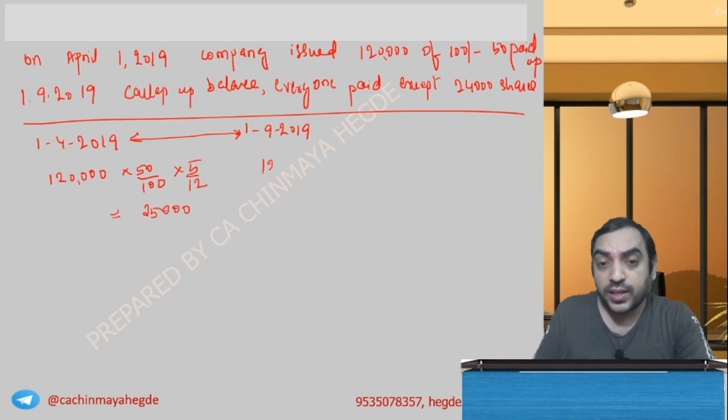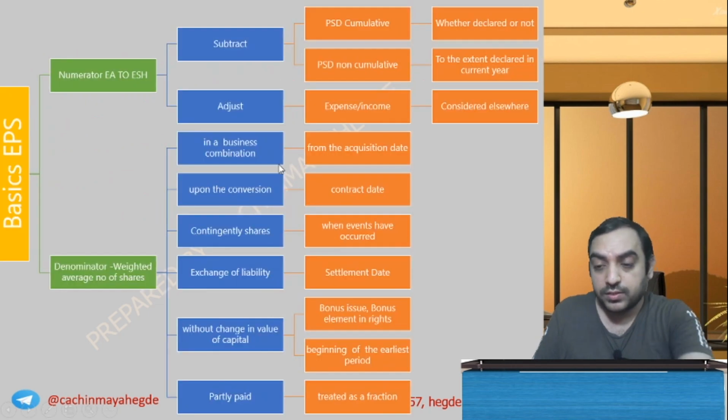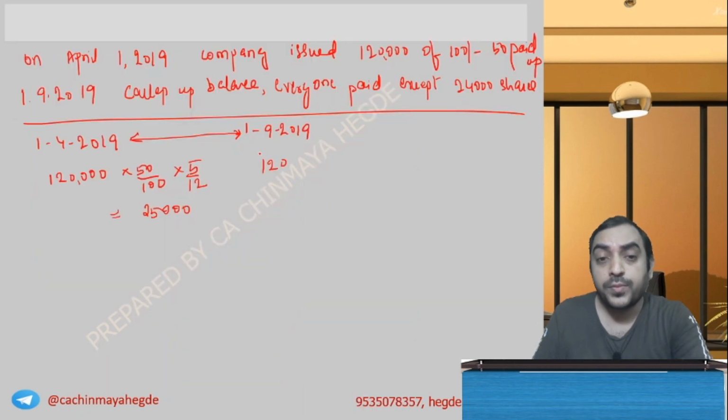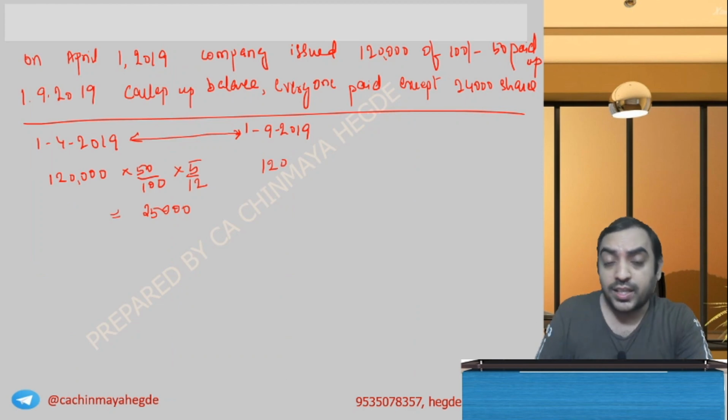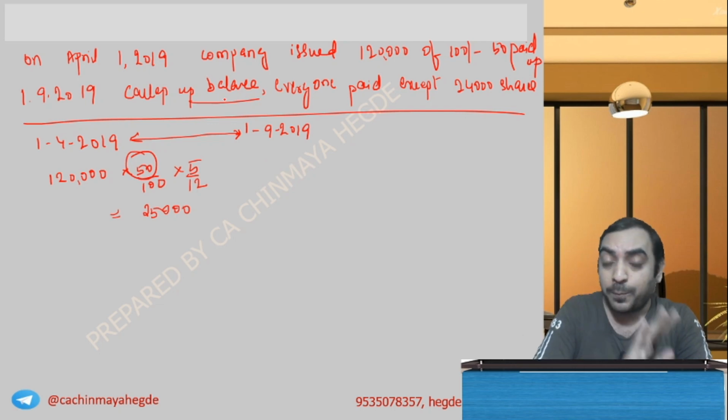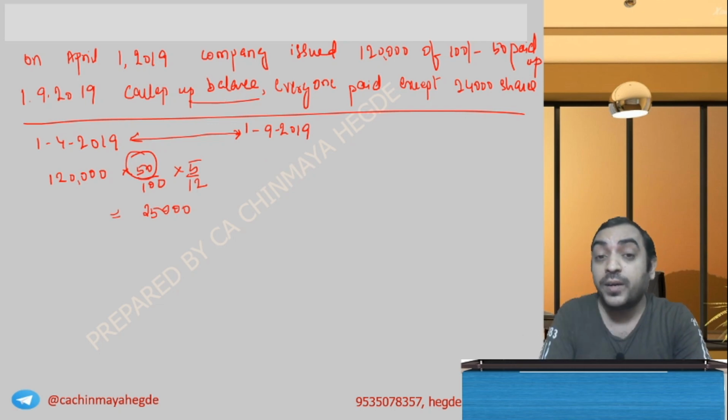Now on 1st of September, what happened? That 1,20,000 shares, which were 50 paid up, became 100 paid up because the balance was called up and everyone paid. For everybody?